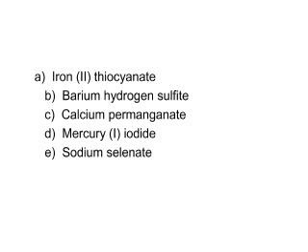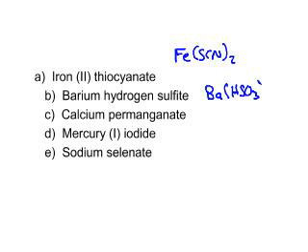Nomenclature. All right, what is the name of these different things? Iron 2 thiocyanate would be Fe(SCN)2. This is Ba(HSO3)2. This would be CaMnO4. This would be a tricky one.